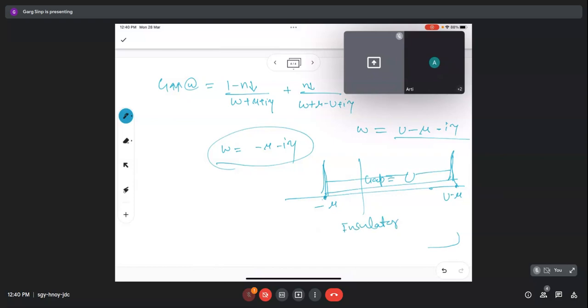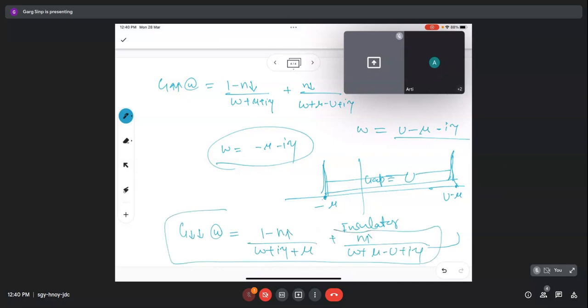And now similarly you can write down the expression for the Green's function for the downspin particle, and what you will get is that, okay, this is what you will get for the downspin particle on similar grounds as we got this one for the upspin particle. So this is expression 6b.